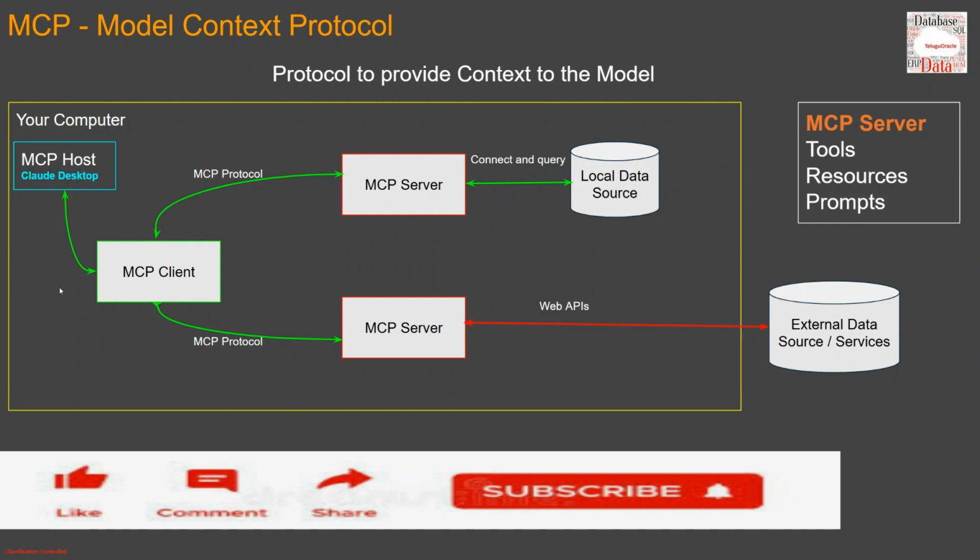Then you have something called an MCP client, which connects your AI host to the outside world, or in this case, even if you have a local database, it will connect. So this MCP client is software that connects your host to the outside world.